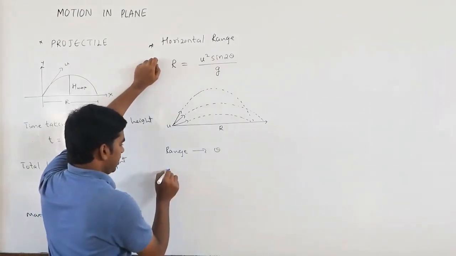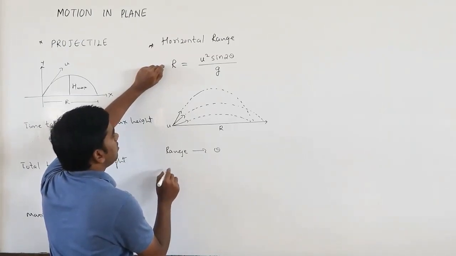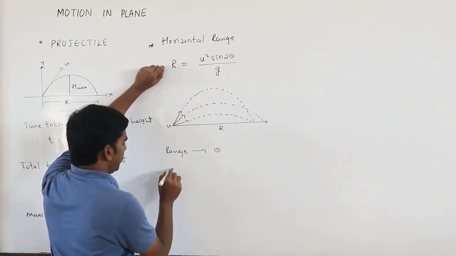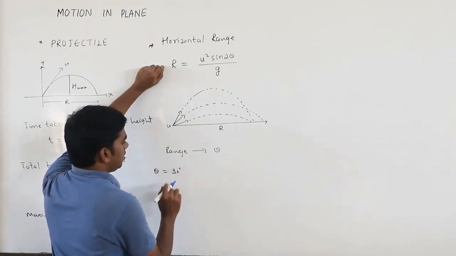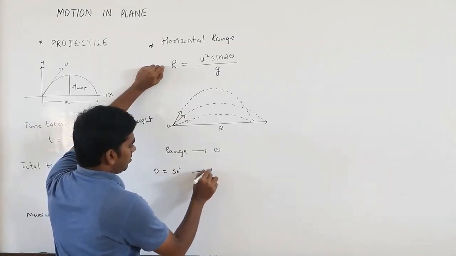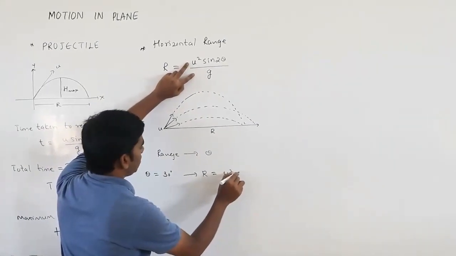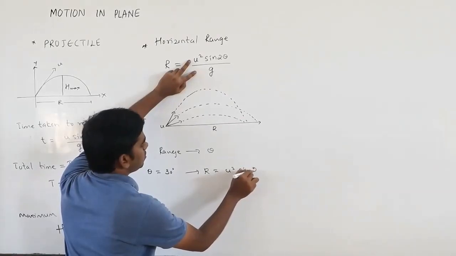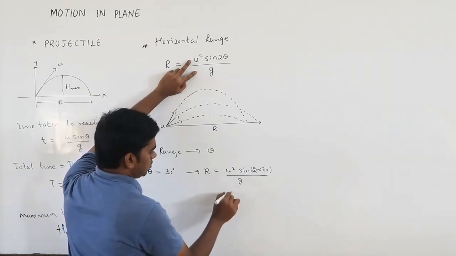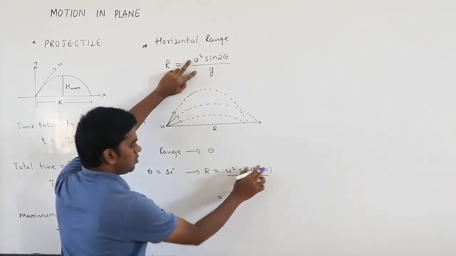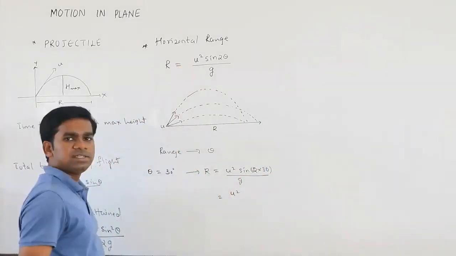Suppose you take theta equals, let me take theta equals 30 degrees. If theta equals 30 degrees, what will happen? Range is equal to u square sin 2 theta, meaning 2 into 30 degrees, divided by g. Sin 2 into 30 means 60. Sin 60 is root 3 by 2.